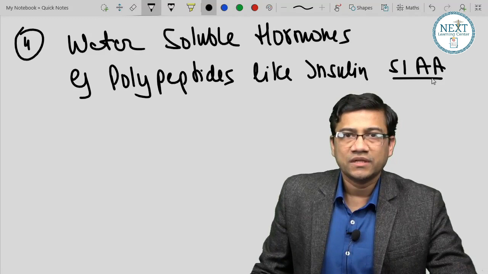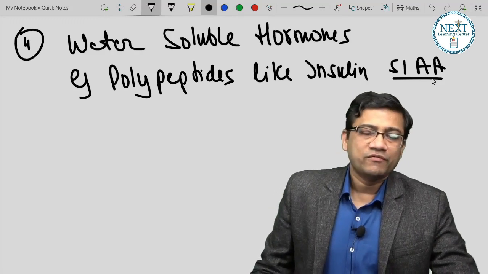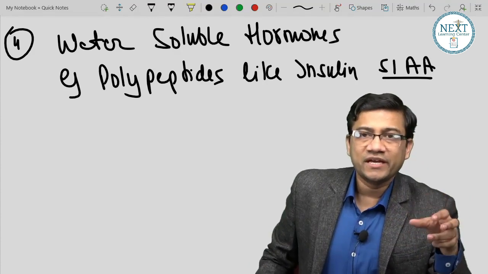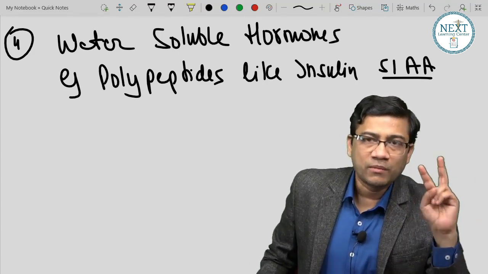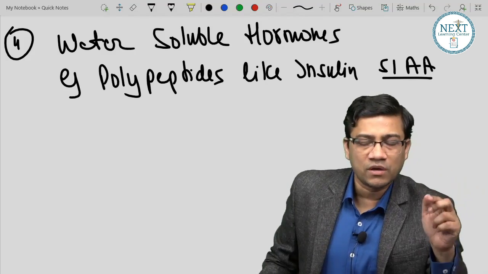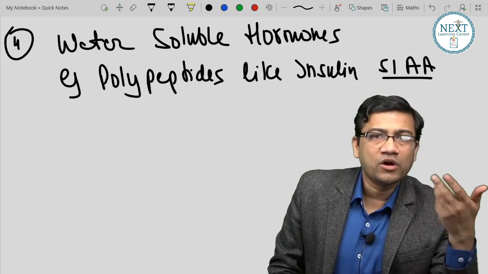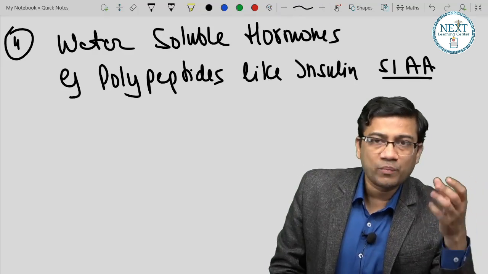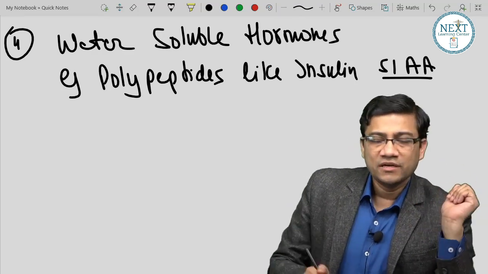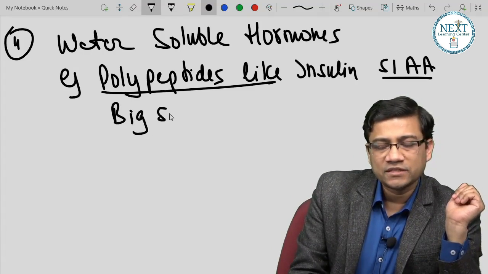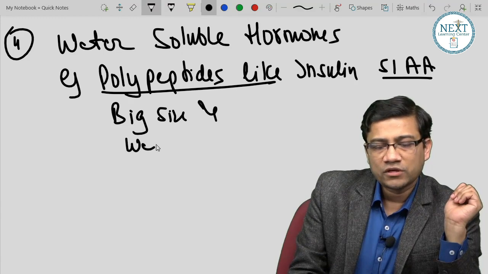Now first, a polypeptide is water soluble because it contains amino acids. Second, it is very big in size. So double problem, not only is it water soluble but also big in size. Glucose can enter via an opening called GLUT, but the problem is insulin is so big it cannot enter the membrane easily. So they are both big in size and water soluble.